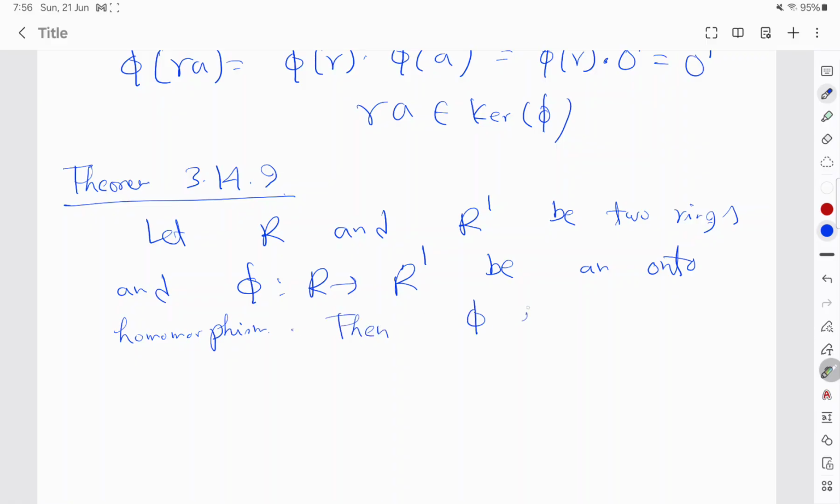Then phi is an isomorphism if and only if ker phi is the singleton zero. This is important.